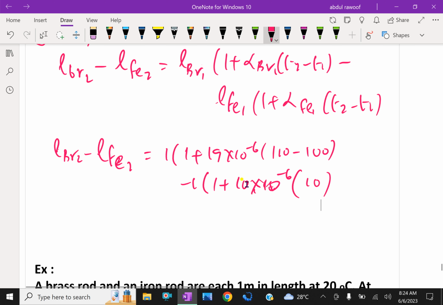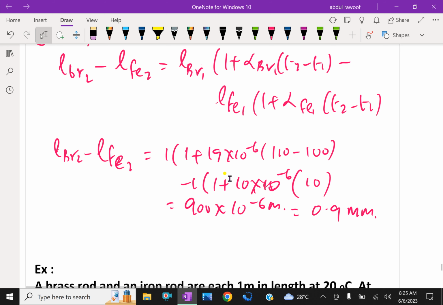So by using this calculation, we get the difference as 900 into 10 raised to minus 6 meter, which is equal to 0.9 mm.